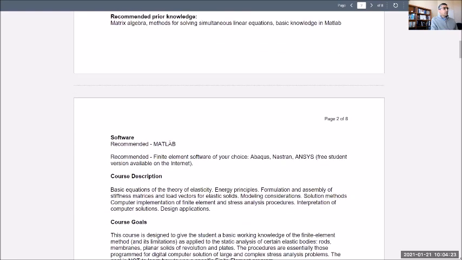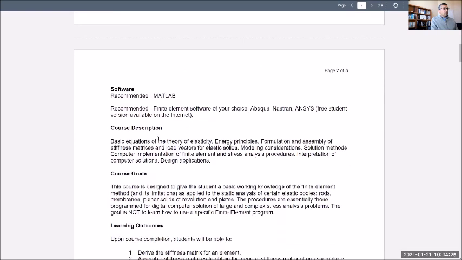Recommended software is MATLAB, and it's also recommended that you use one of the commercial finite element software packages like Abaqus or Nastran. Many of you here have used either Nastran or ANSYS Workbench, depending on whether you got your degree in mechanical engineering or aerospace engineering.